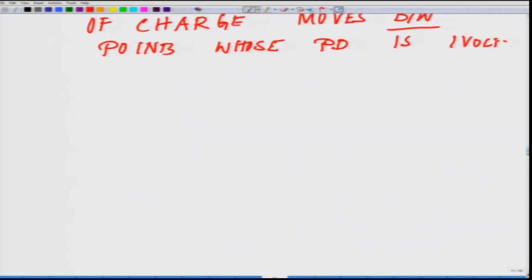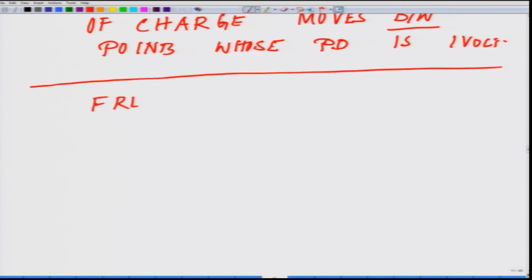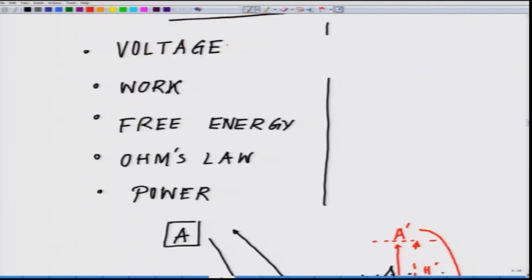Now, having said this, we will introduce the concept of free energy. Okay. I told you that there will be few concepts. So, we talked about the voltage, we talked about the work.